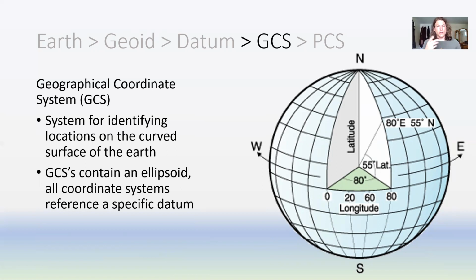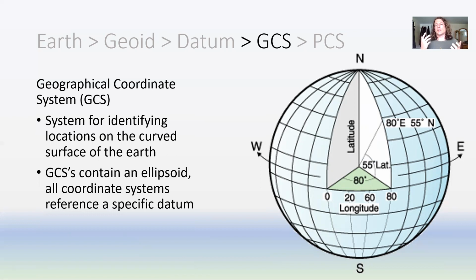So latitude and longitude is a method for representing the location on the surface of the Earth, but latitude and longitude can be linked to different datums. So for instance, you can have the North American Datum 1983 and latitude and longitude linked to that.